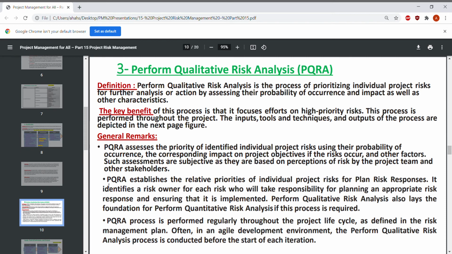The PQRA establishes the relative priorities of individual project risks for plan risk responses. So it will help us to plan responses for these risks. The PQRA process is performed regularly throughout the project life cycle.